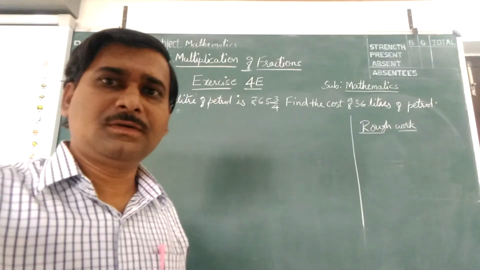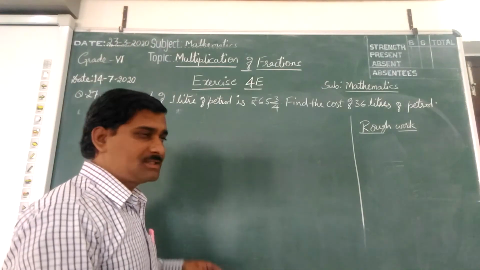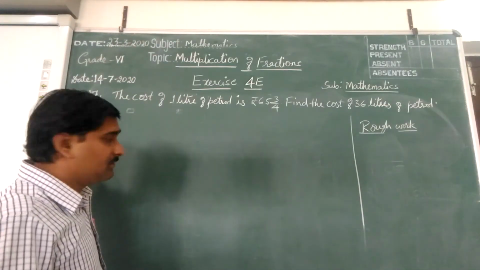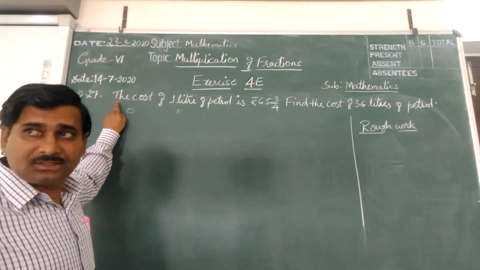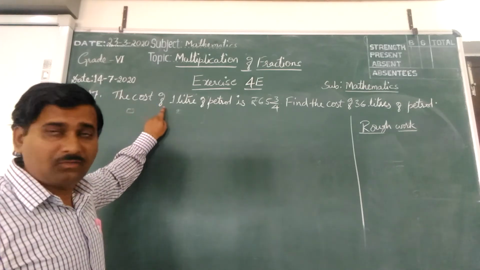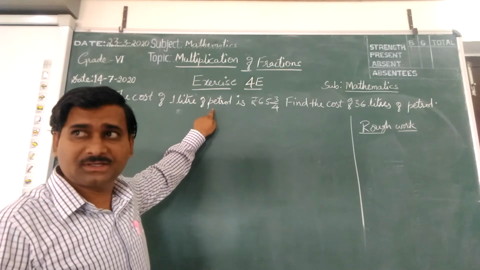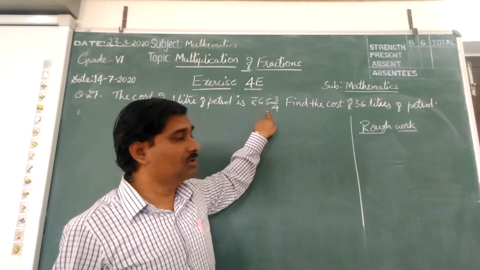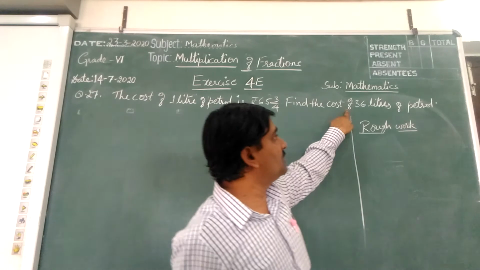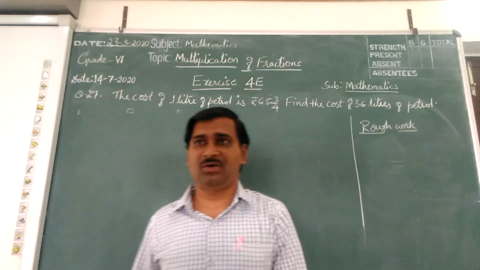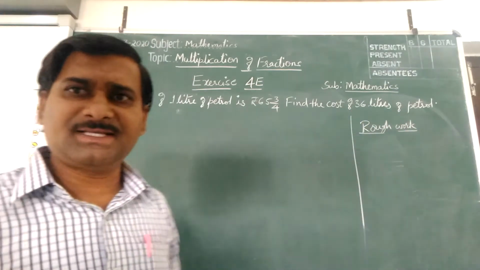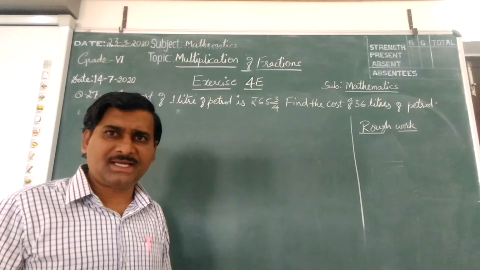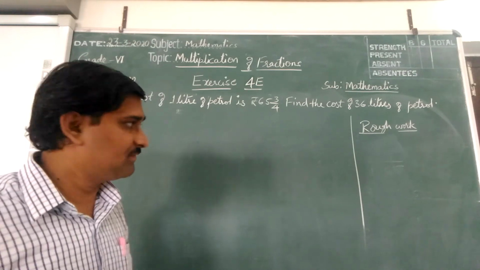So children, let us see question number 27. The cost of 1 liter of petrol is given, that is rupees 65 3/4. The question is, find the cost of 36 liters of petrol. It is like the previous question itself.